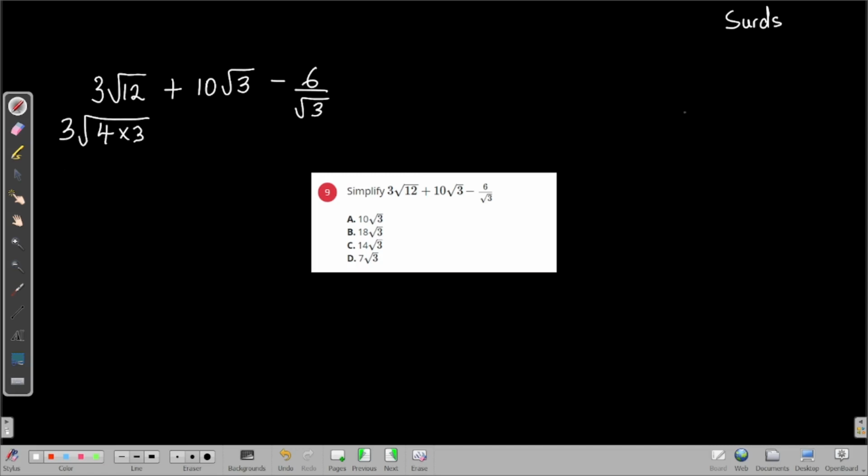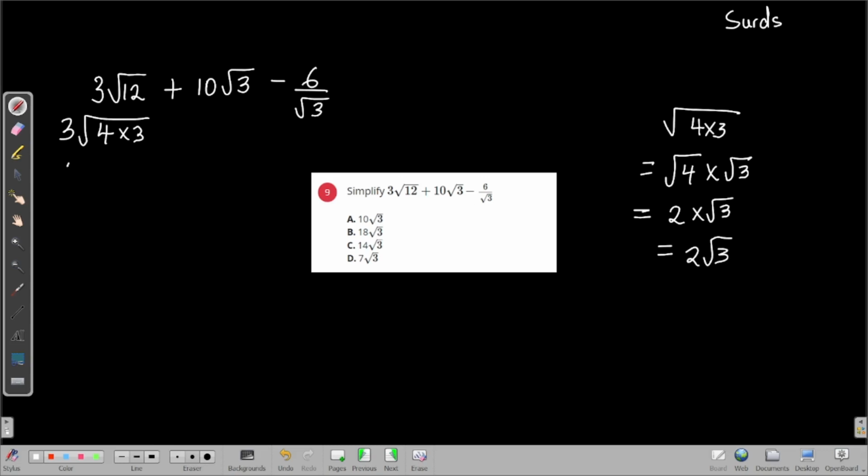Root 4 times 3 is equal to root 4 times root 3, and that's equal to 2 root 3. So this is 3 times 2 root 3, and that's basically 6 root 3. So I've simplified that one.